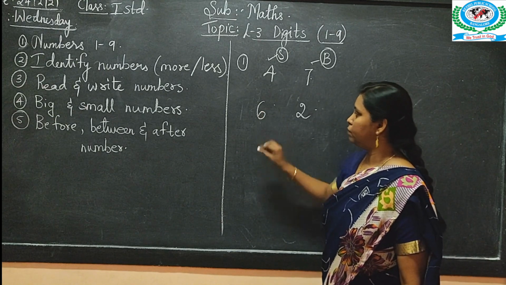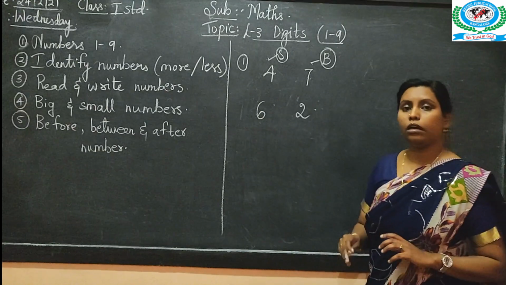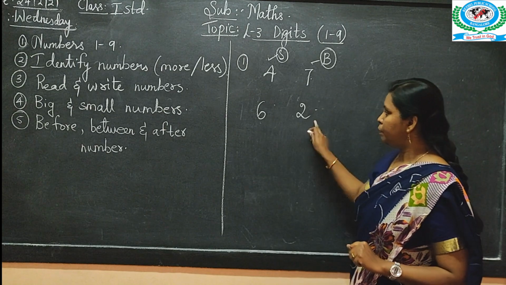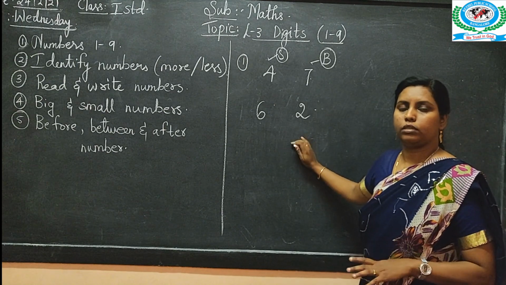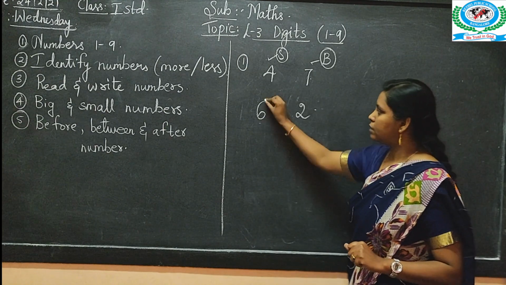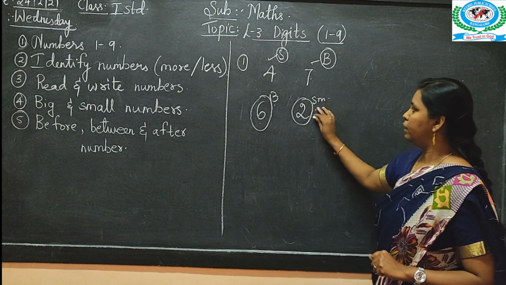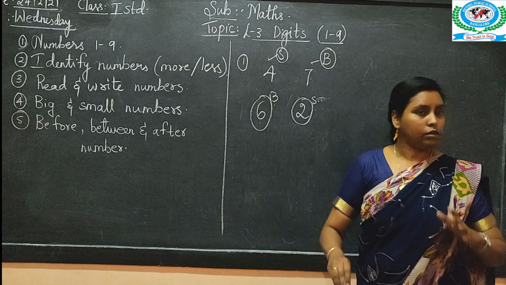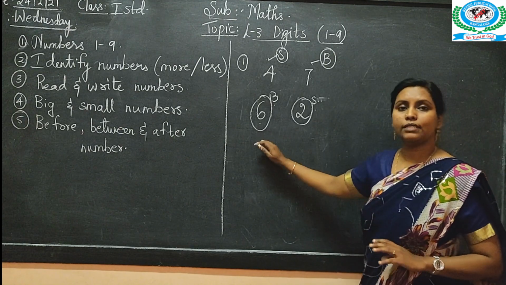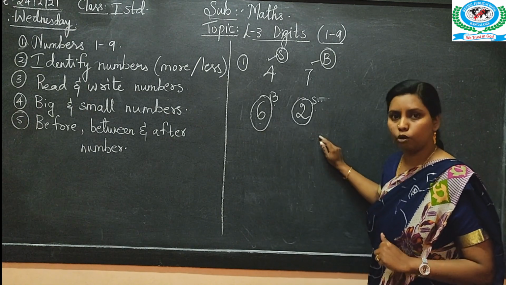Between these two numbers, which is the biggest and which is the smallest? When 6 and 2 are given, we all know that 6 is a big number and 2 is a small number.